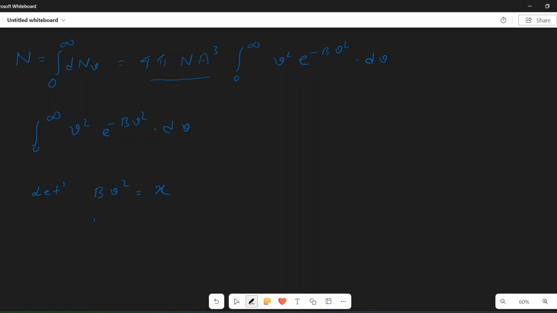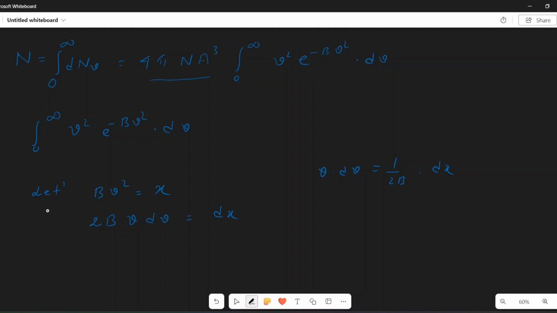Now 2 b v dv is equal to dx. Also we can write v dv is equal to 1 by 2b dx.